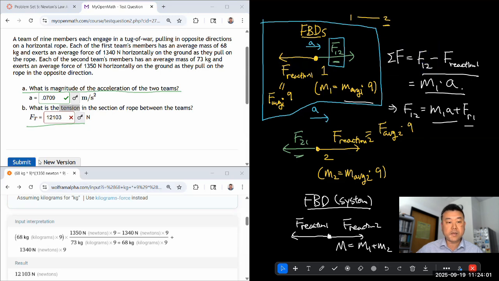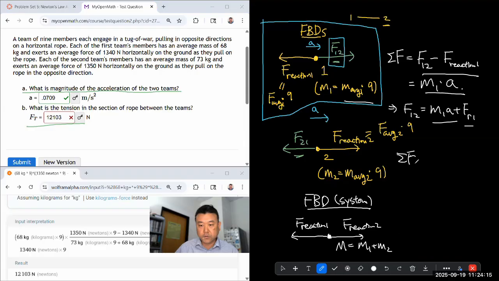And I think one thing you can figure out is, using this approach, whether you use team 1 or team 2. Let me actually do team 2 so that I can show it as a consistency check. So, net force on team 2, to the right, so let me start with F reaction 2 minus F21 is equal to M2A.